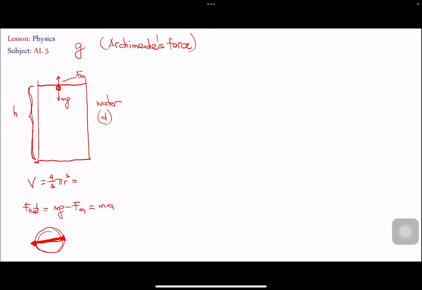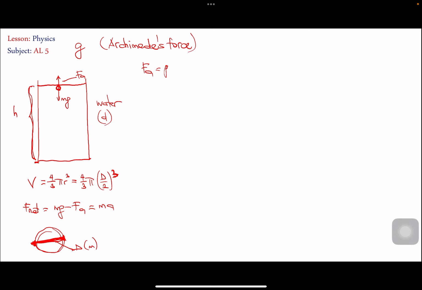What you write here is d over 2, and you take the cube of this. Of course, the measurements should be in meters.